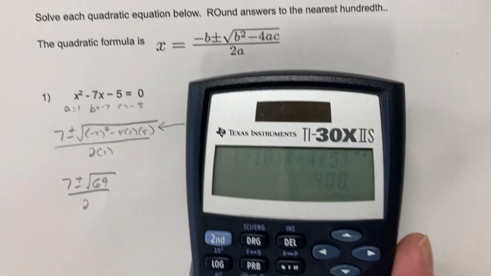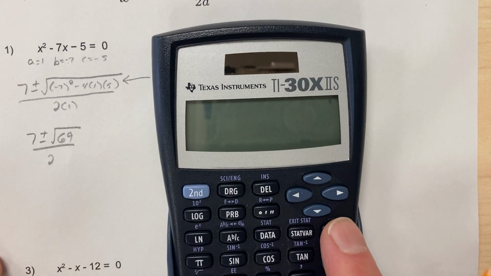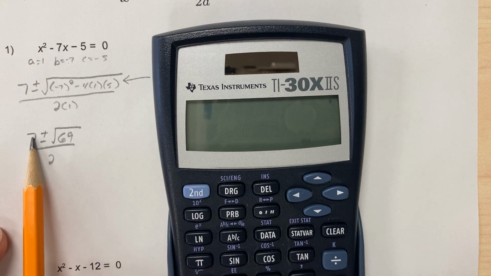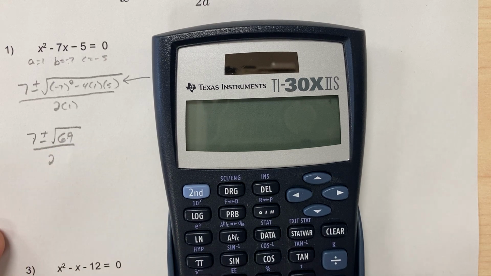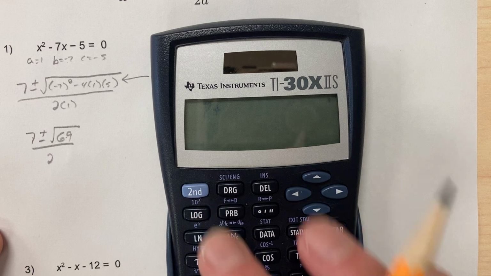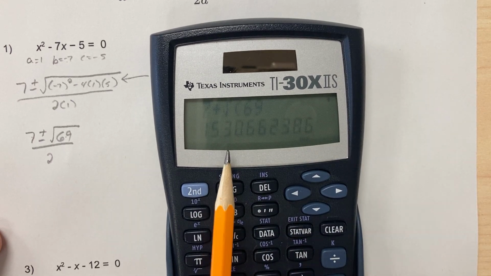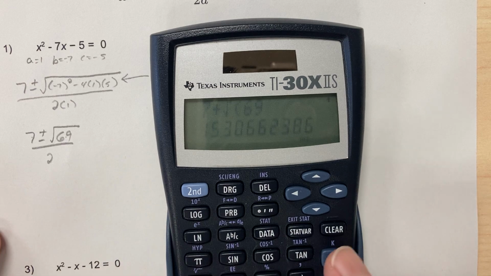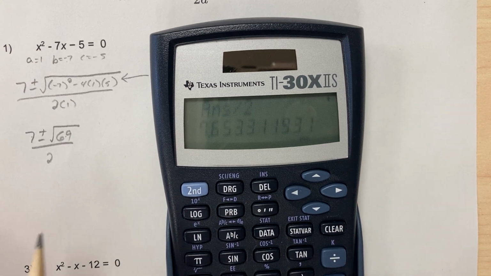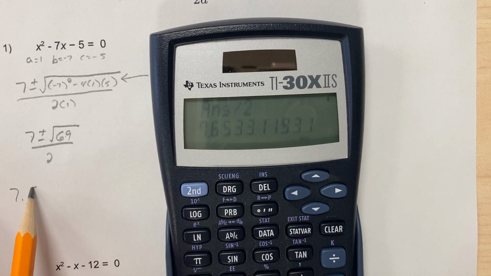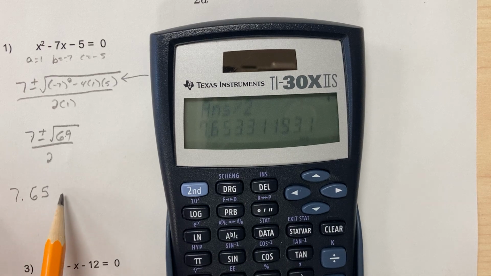So the way we do that is we do it in 2 stages. We're going to take the top and we're going to do 7 plus square root of 69 first. So 7 plus square root of 69 equals, and then we're going to divide by 2. So divide by 2, and the first answer we get is 7.65. Round that to 2 decimal places.